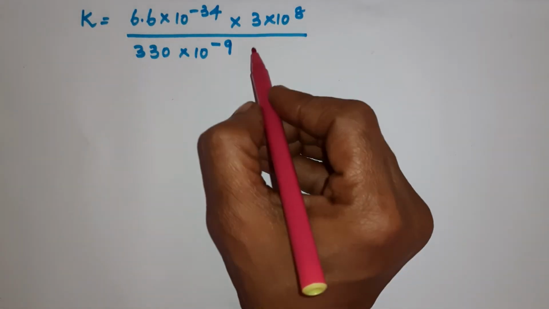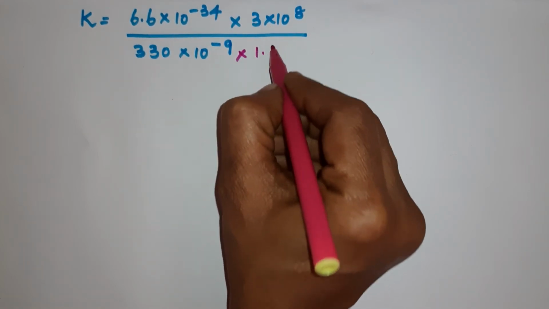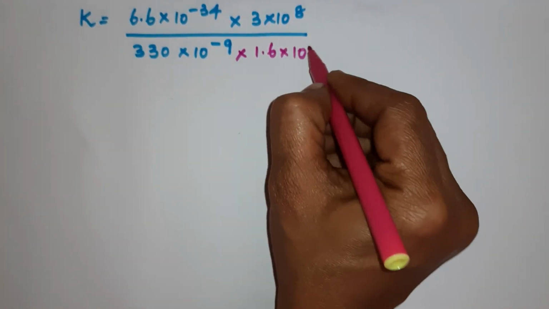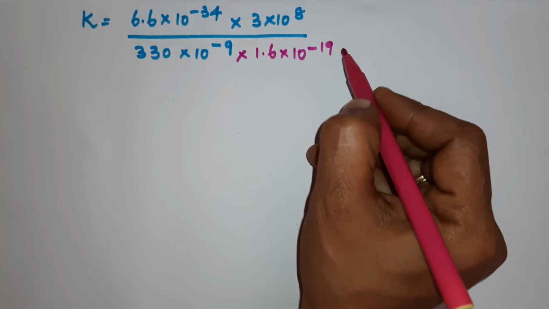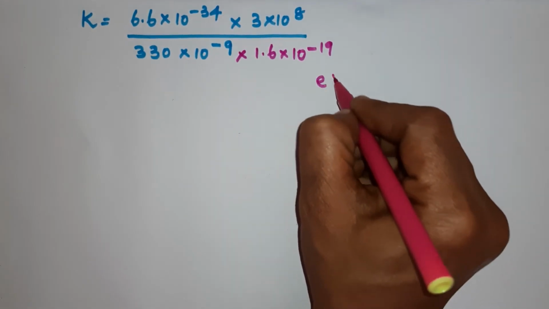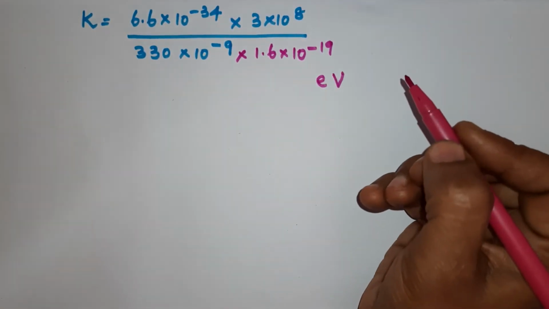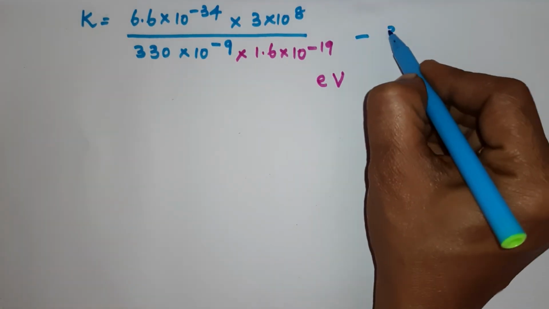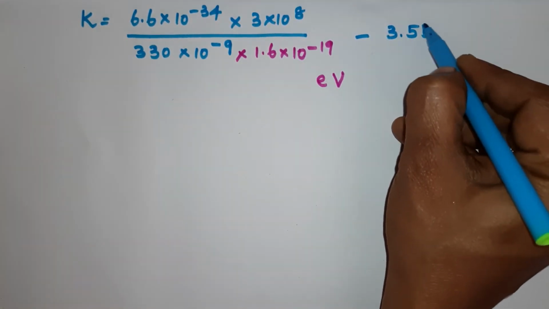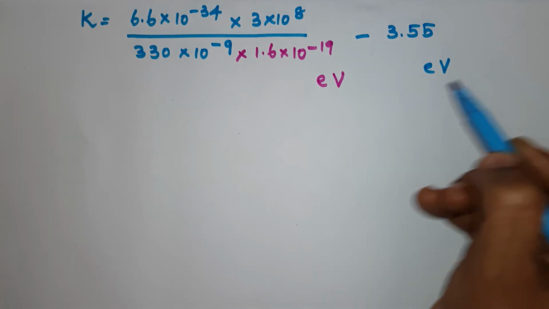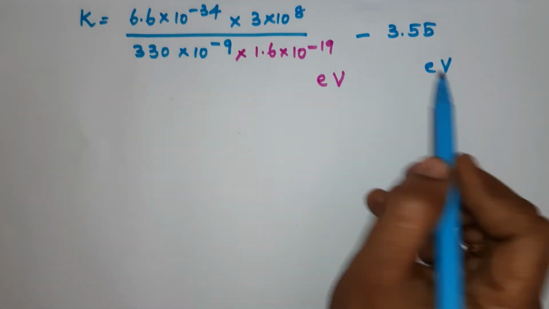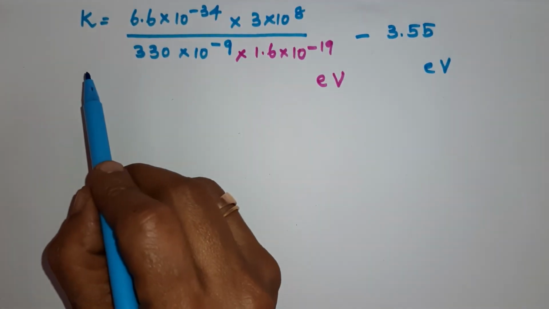So we divide this term by 1.6 into 10 power of minus 19 to convert it in terms of electron volt, minus 3.55 electron volt. Now we can solve this and hence find the kinetic energy.